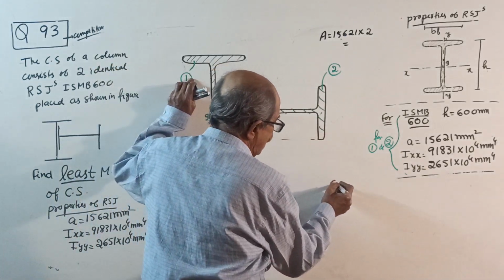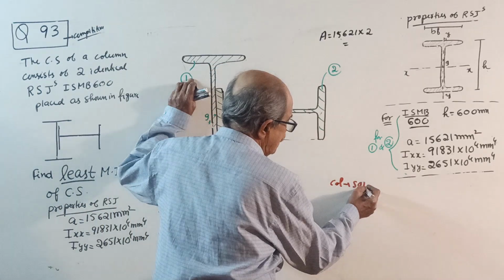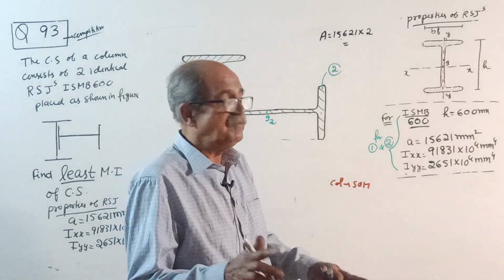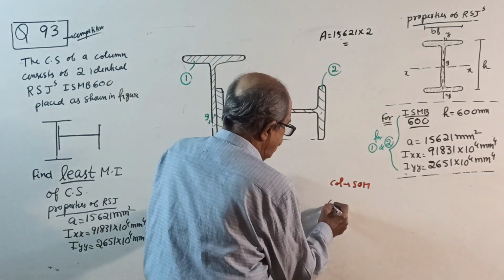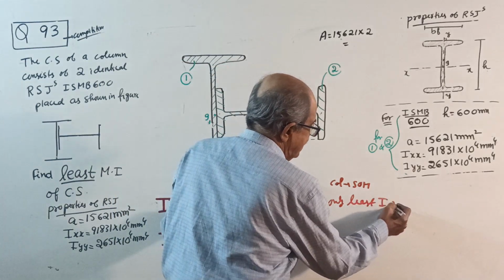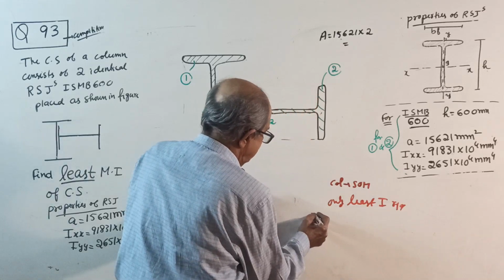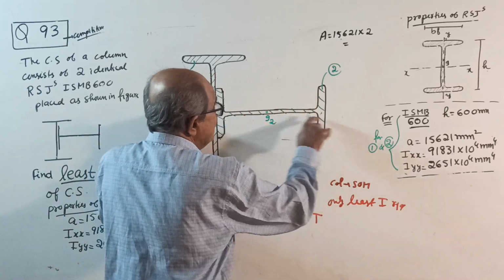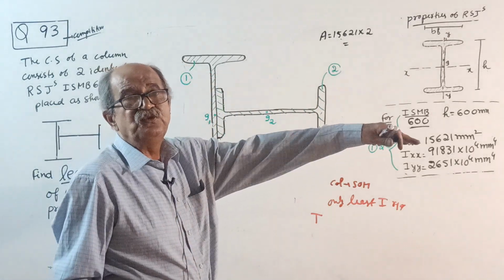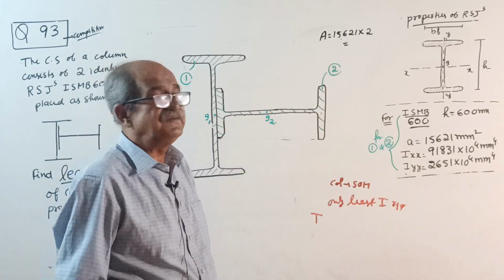In the column chapter in strength of materials, not in structural engineering, because in structural engineering a different effective length will come. In strength of materials, only least I is required. There is one symmetry here. When symmetry is there, those two axes are called principal axes.